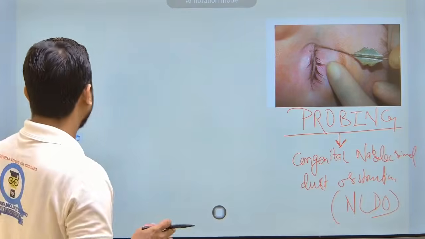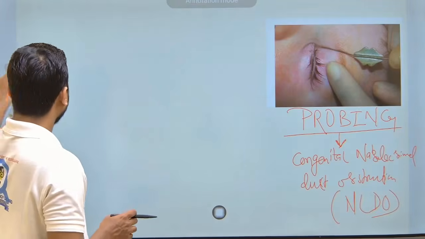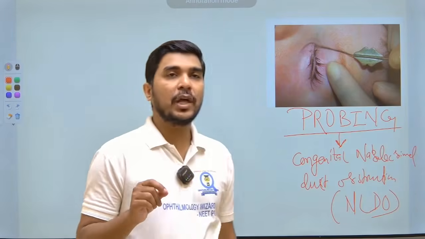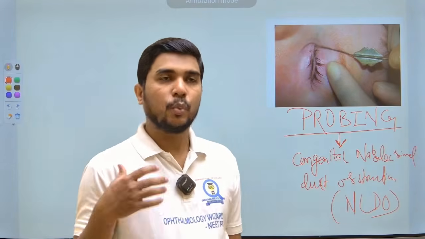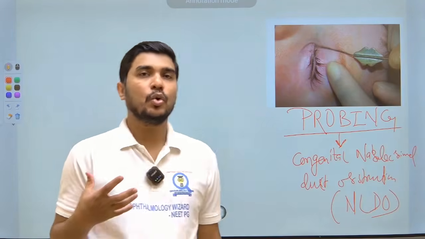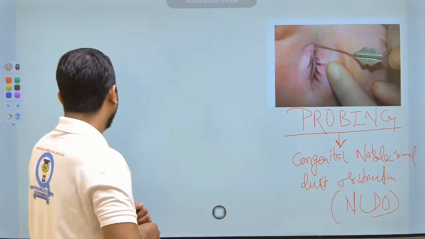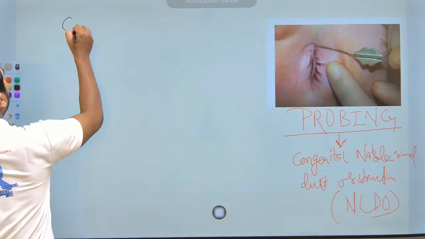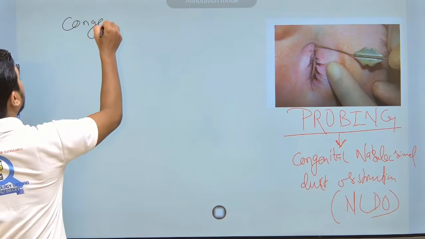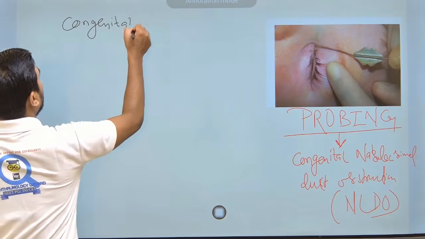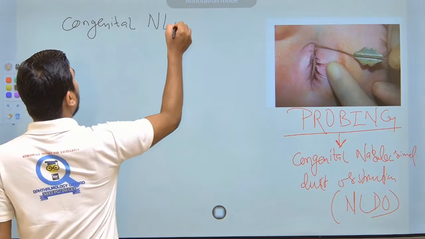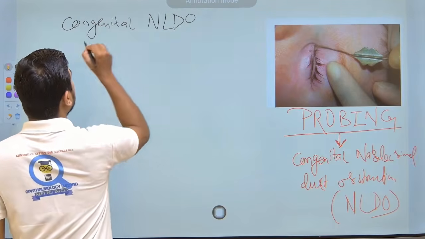So basically what is happening, up to 9 to 12 months, we try to do Crigler massage. Suppose a patient of congenital nasolacrimal duct obstruction comes.